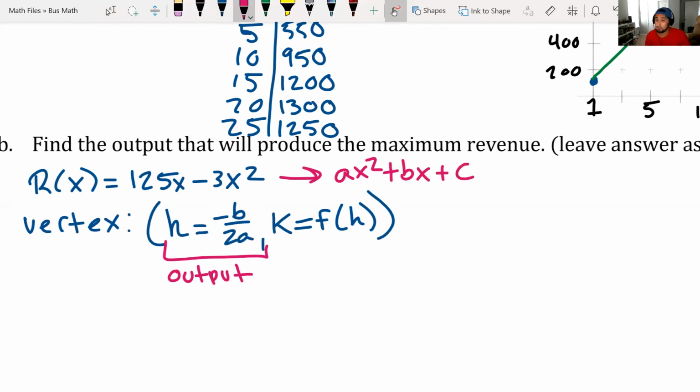In a quadratic function, the values of A and B are the coefficients of x squared and x.